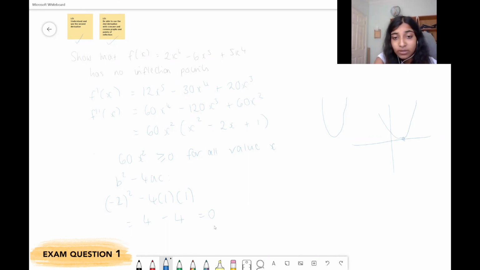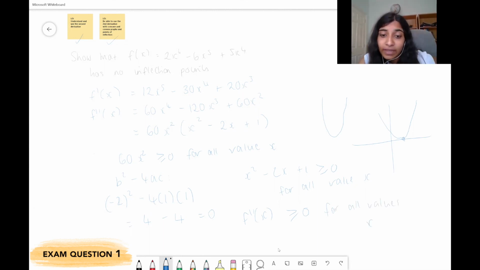So that means that x squared minus 2x plus 1 is also greater than or equal to 0 for all values of x. So that means that f double dash of x is also greater than or equal to 0 for all values of x. So that just means that our graph is convex for all values of x. So then we never have a concave bit of our graph.